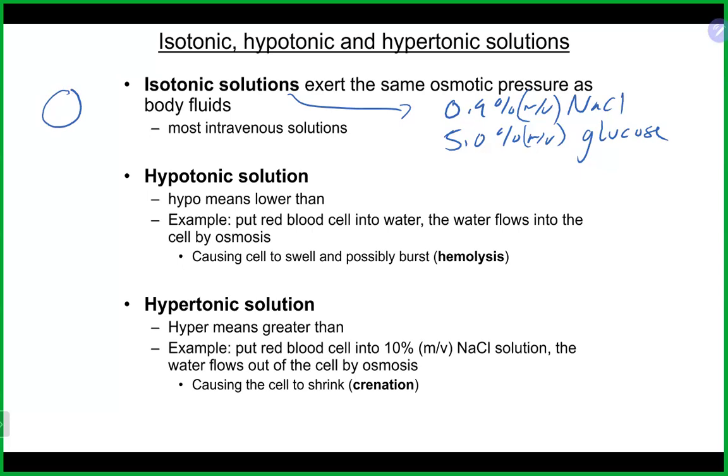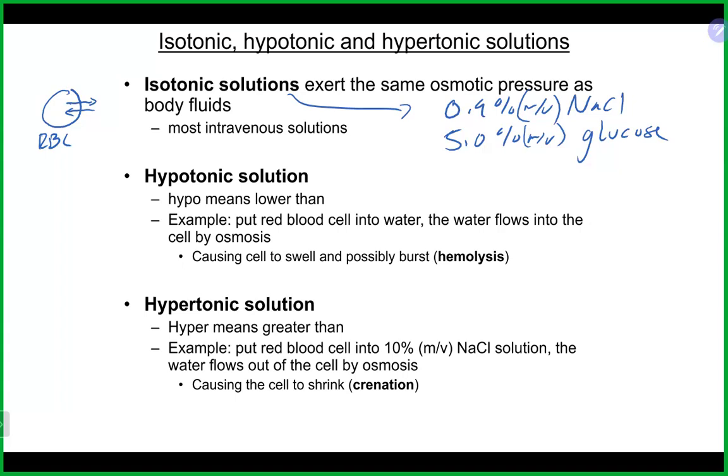By doing so, the osmotic pressure inside, for example, your red blood cell and outside is the same, which means you're going to have pretty much equal flow of fluid in and out of the cell, which obviously is not going to cause any more damage to your cells.